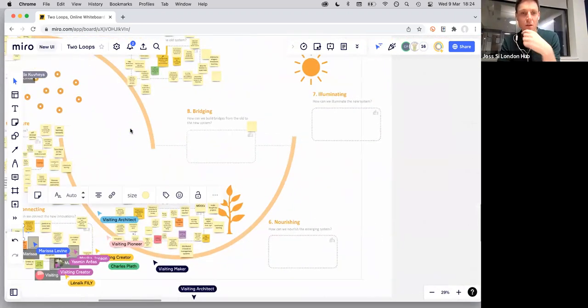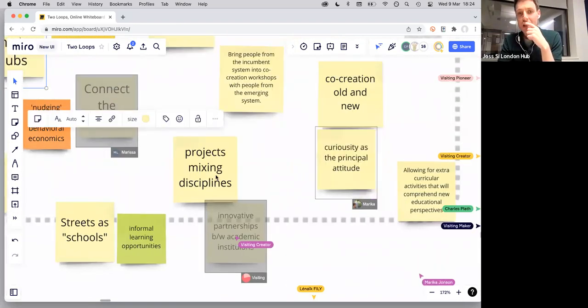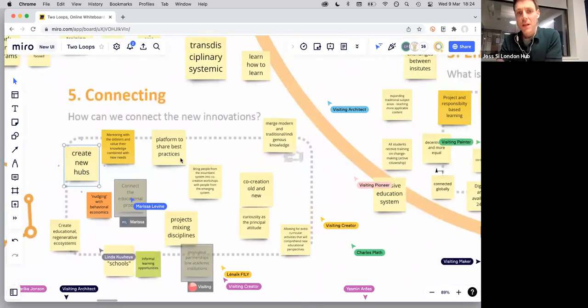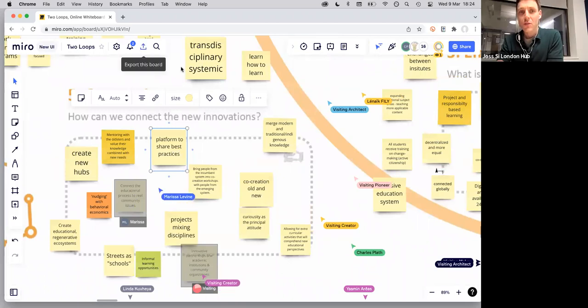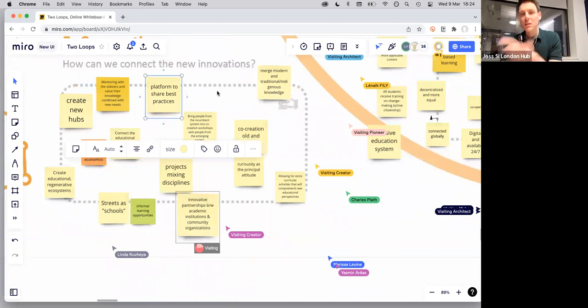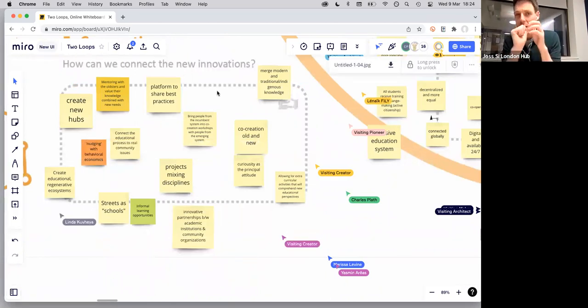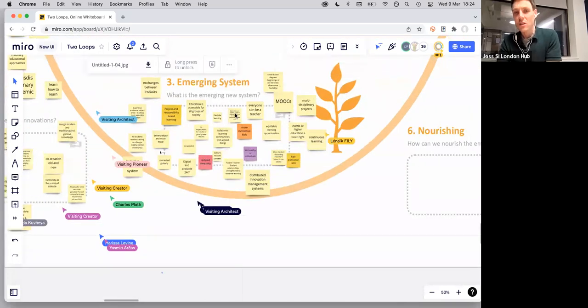Okay, we've got a couple more boxes. I'll just take a quick look at that. Project mixing disciplines, streets of schools, informal learning opportunities, platform to share best practices, yeah. Or platform for enabling collaborations between, you know, we could have all these innovations up here, but creating spaces to bring them together so that they can actually start to emerge as a new system, right?